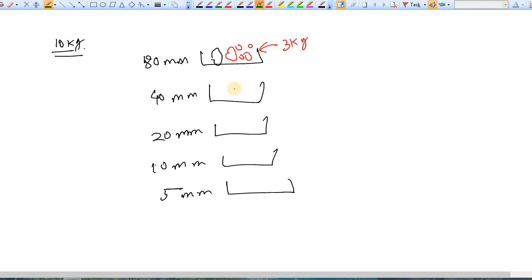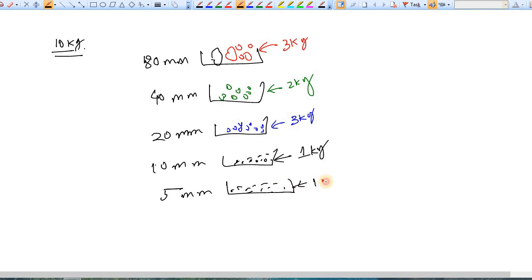Here the particles weigh, let's say, 2 kg. Here again, let's say, 3 kg. Here the particles are more fine, let's say 1 kg. And finally here, let's say you have 1 kg. You have completed the sieving procedure.